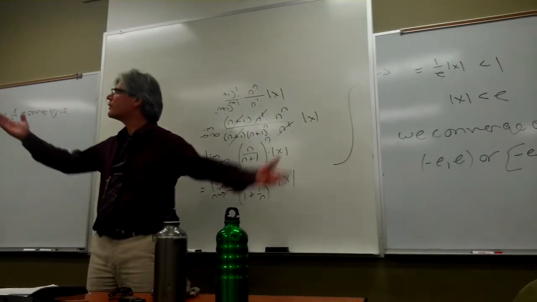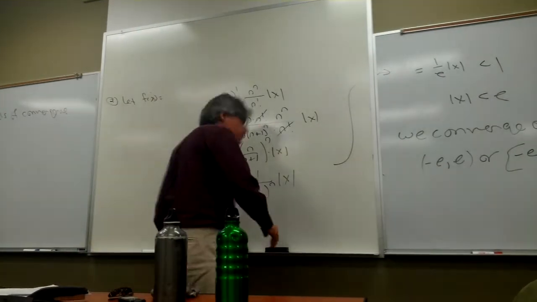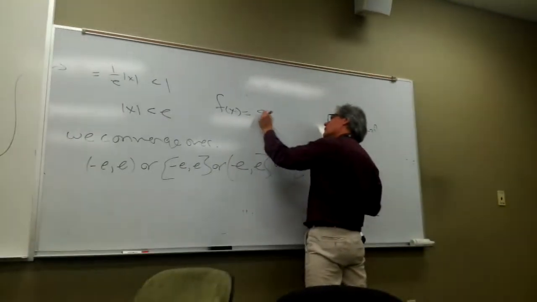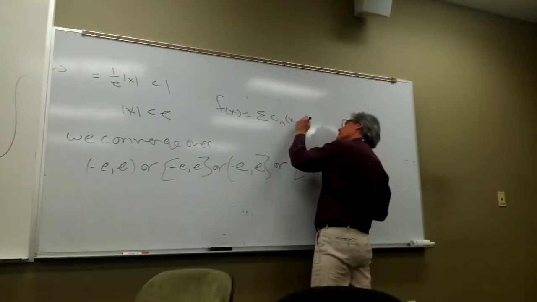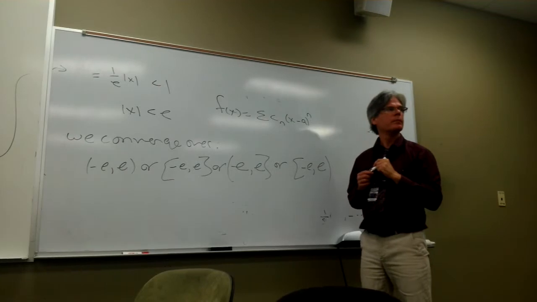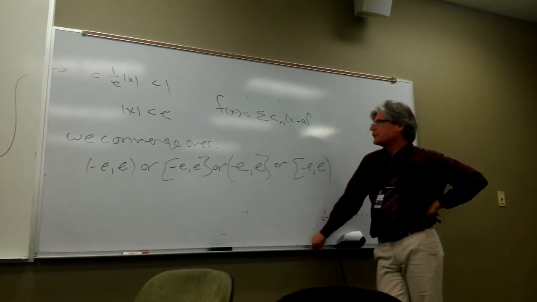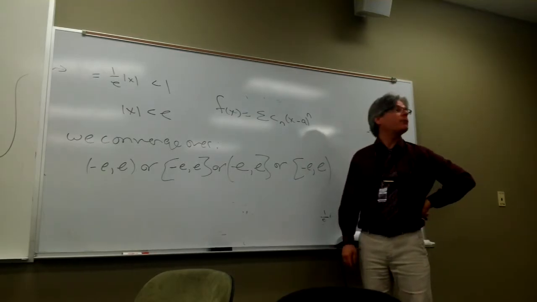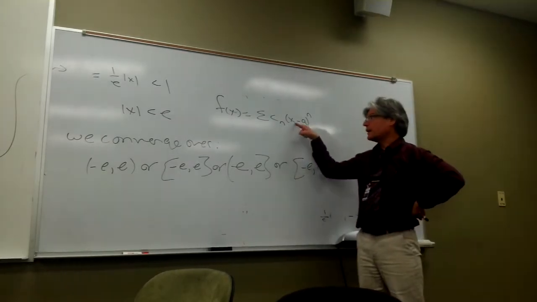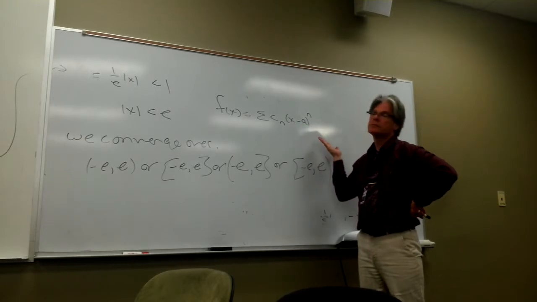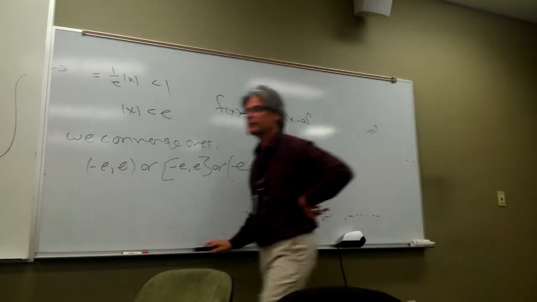Here's my general power series. I guarantee you, no matter what your function is, if this is a power series, it at minimum is going to converge at x equals a, because at x equals a, I just get 0 here. So for free, that'll happen.